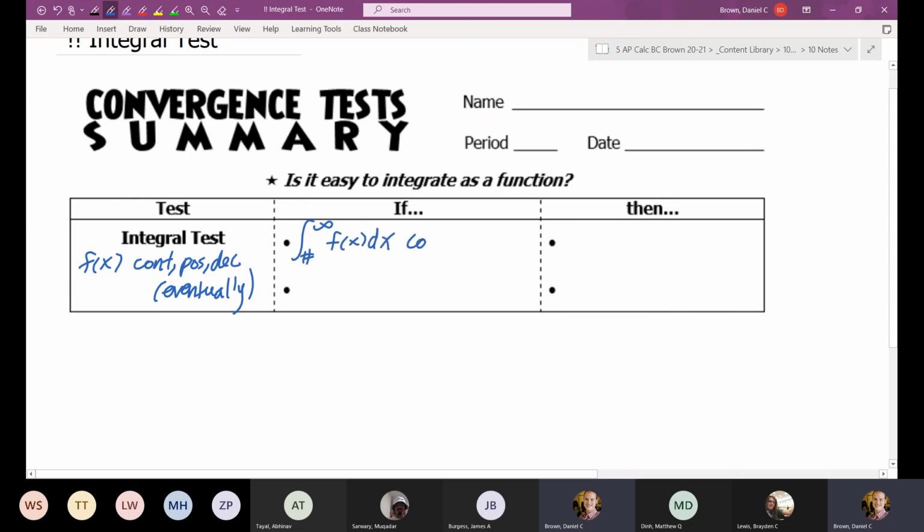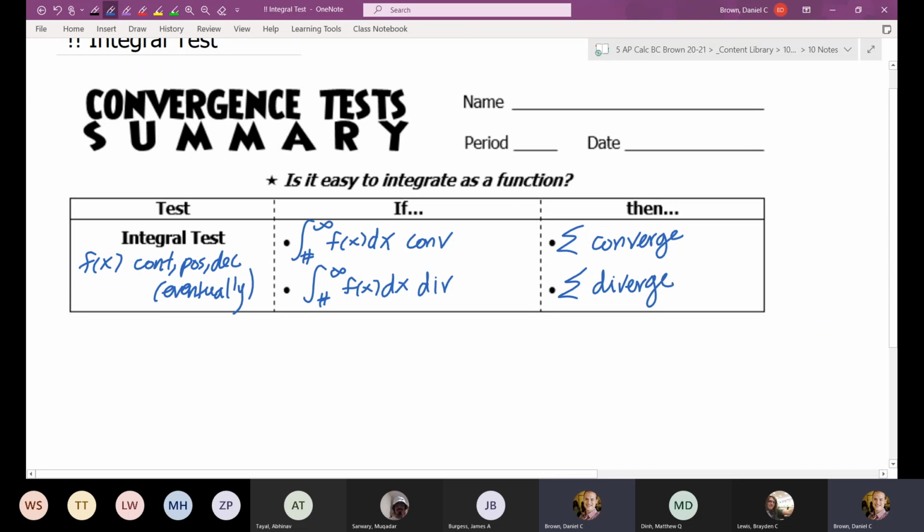If your integral converges, then your series is also going to converge, which I think makes sense to us. Or you'll work out your integral, and if that integral diverges, then I think it makes sense that the series is also going to diverge.